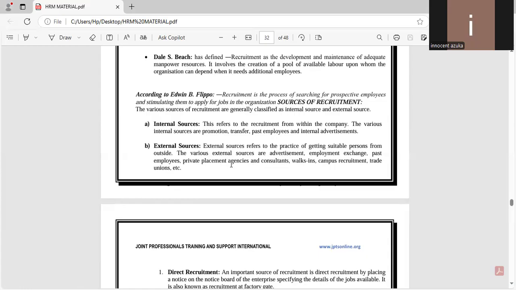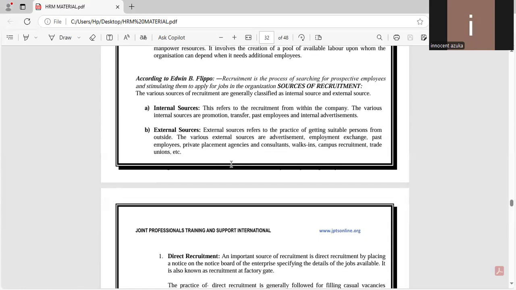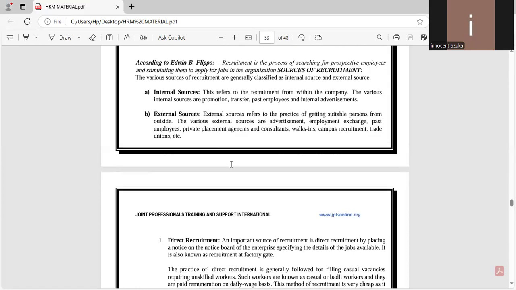So we have external sources. External sources refer to the practice of getting suitable persons from outside. How do we get a suitable person for the job?